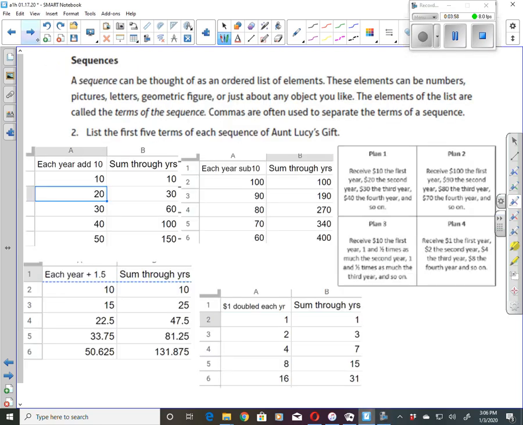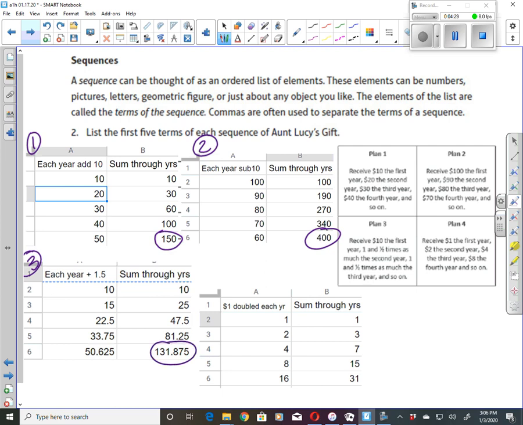Now, I went ahead and created a couple of displays. In the first one here, 10, 20, 30, 40, 50. After 5 years, you ended up with $150. Number 2, after 5 years, you ended up with $400. Number 3, after 5 years, you ended up with $131.